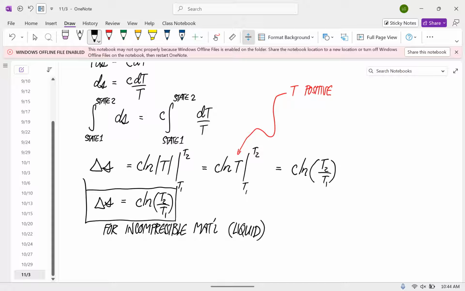So if we know two temperatures of liquid water, we can pretty accurately calculate the change in the entropy. Any questions about that?